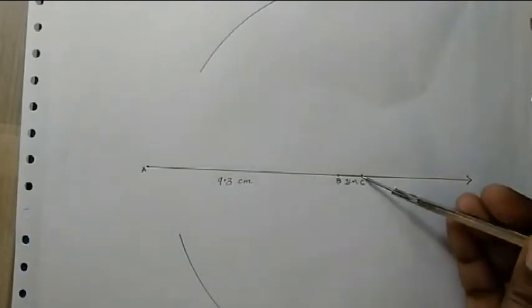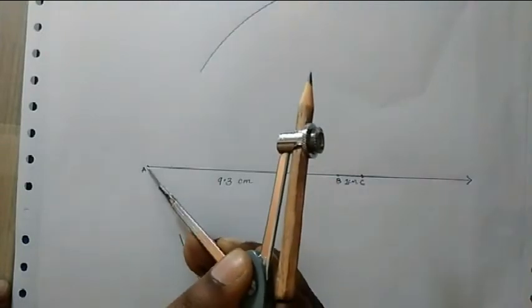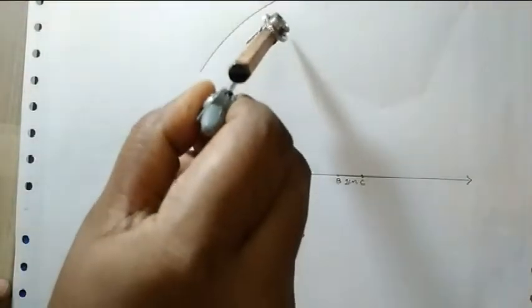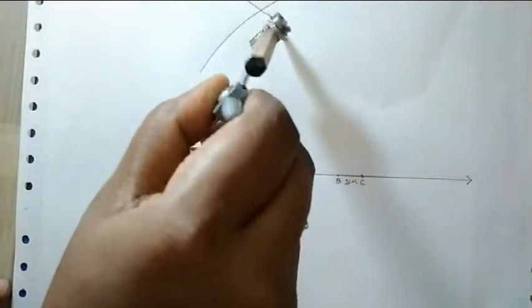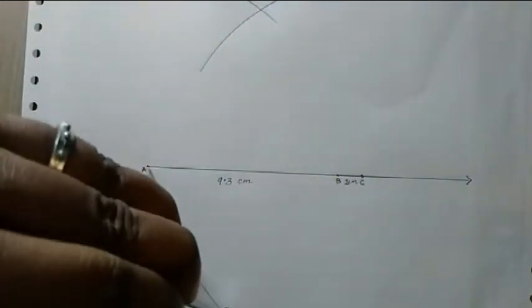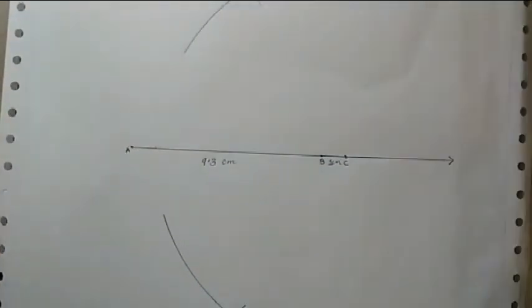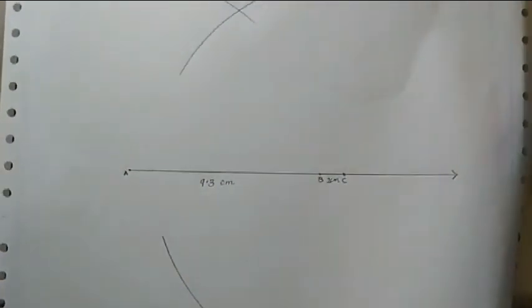Now from C I had drawn the arc. Now you draw the arc from A, and you intersect that point. So after intersecting, we join both the points.